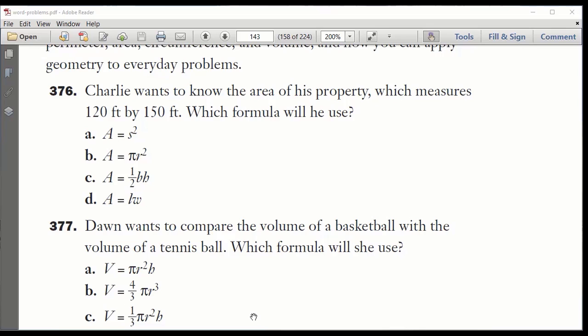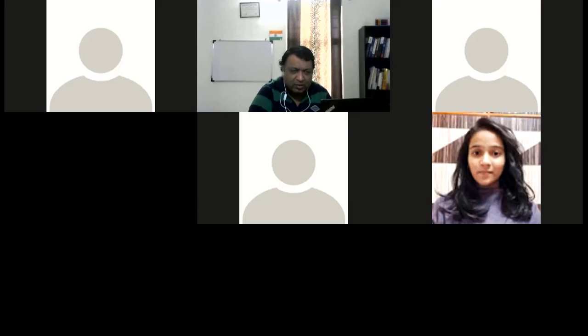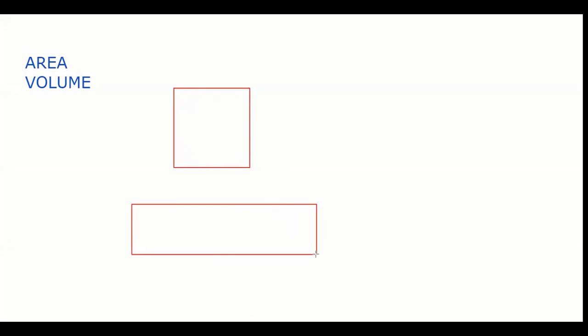Let me give you this first. I'll come back to you, Shriya, one second. So guys, it's like that. Square shaped, all the sides are equal. Rectangular shape, length is more than the breadth. Circular shape.